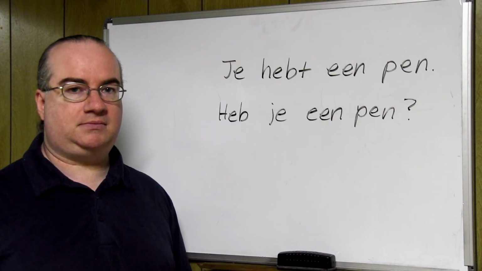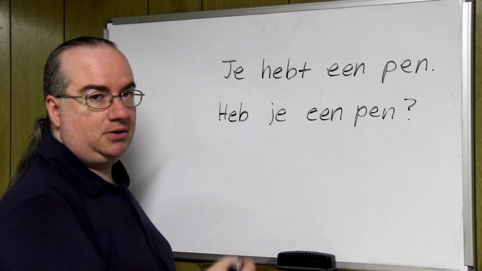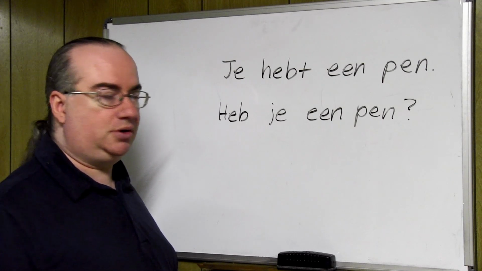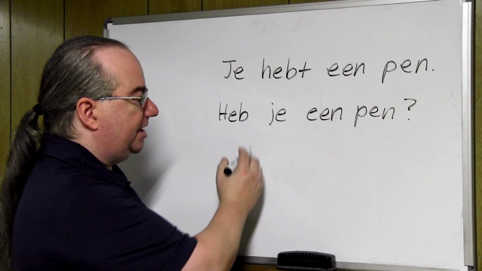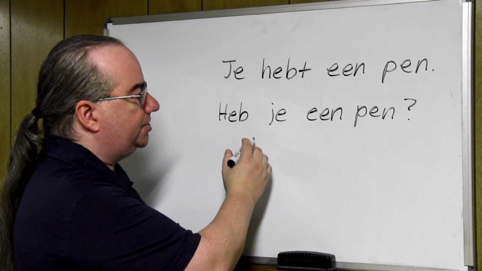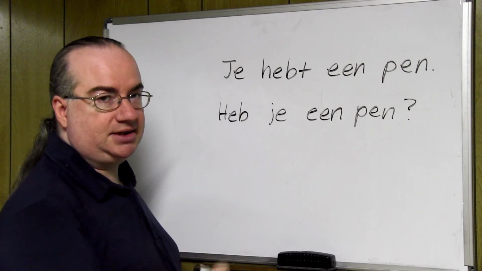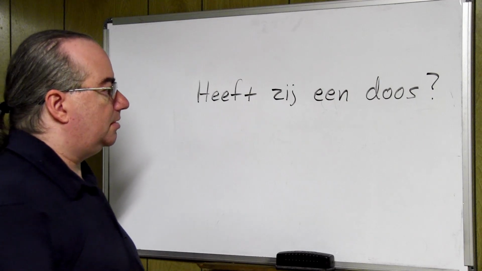Do you have a pen? Of course, if we wanted to, we could change this to jij or the formal u. However, if you use u, then you want to leave the t on here. The only time we take the t off when we're using inversion is when we want to talk about you as in je or jij.